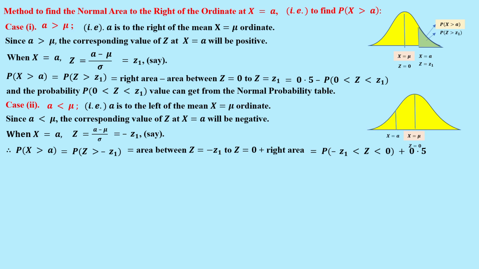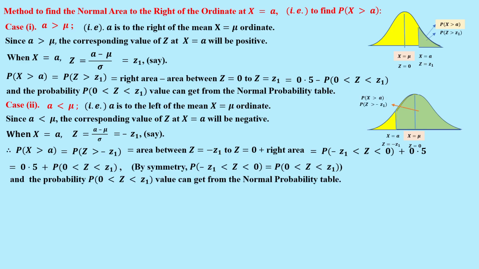The diagram will be like this: the area between minus z1 and the center point 0, then the right side area, the total area. That is 0.5 plus the probability of 0 less than z less than z1. This probability value, of 0 less than z less than z1, we can easily find from the table.